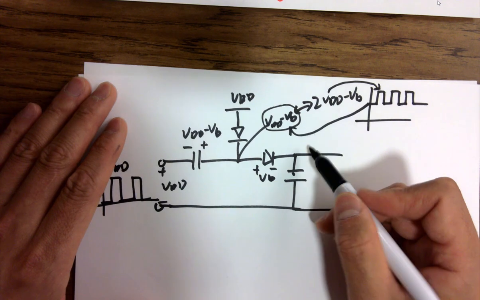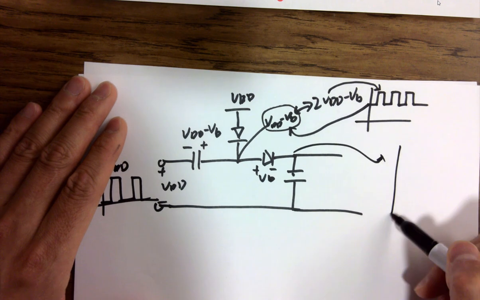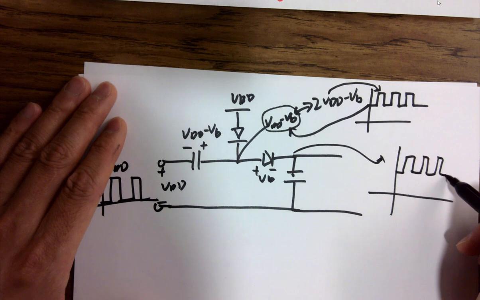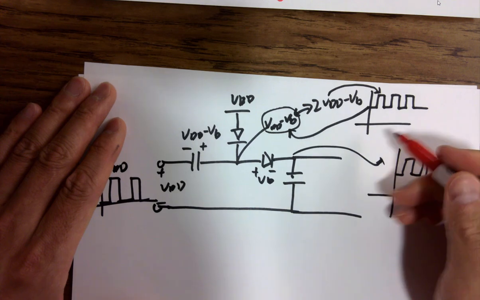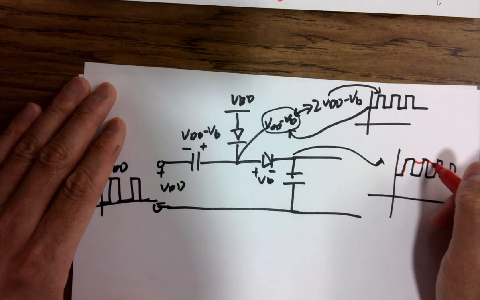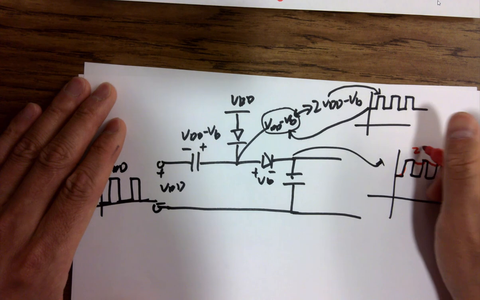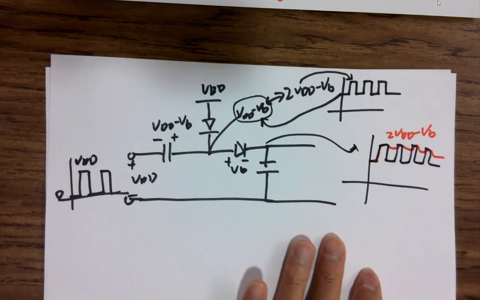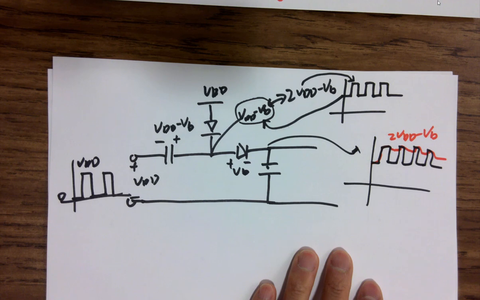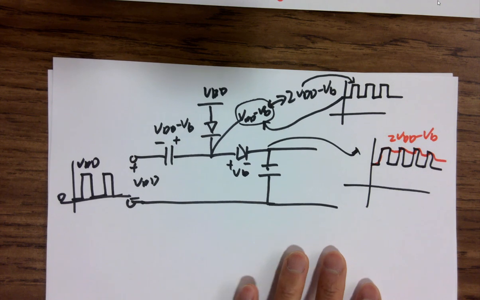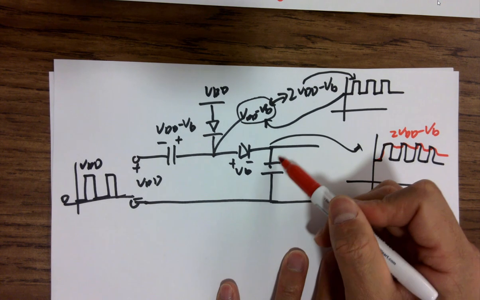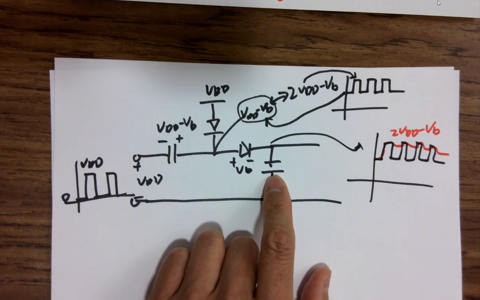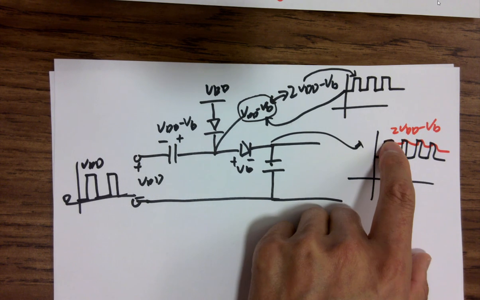So the output over here, originally it was this, becomes 2 VDD minus 2 VB, minus some capacitor fluctuations. That's the output. It won't reach the bottom because it's getting filtered out. If you choose a big capacitor, it's going to filter it out, so it's going to fluctuate just a little bit.